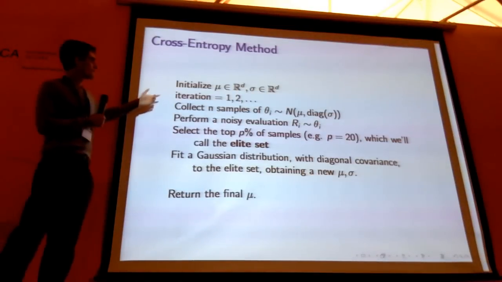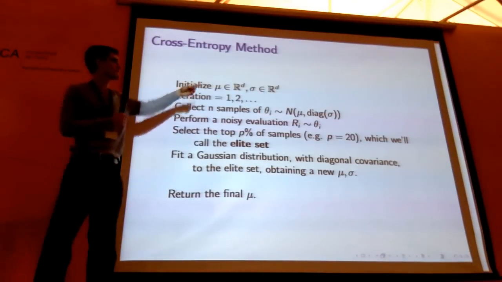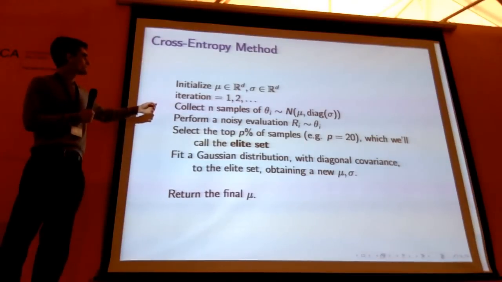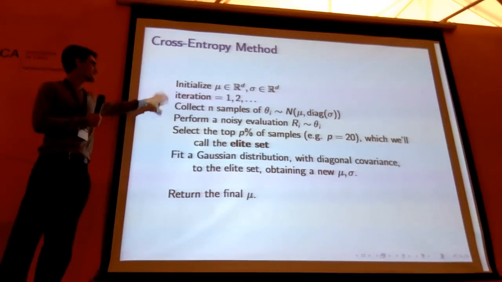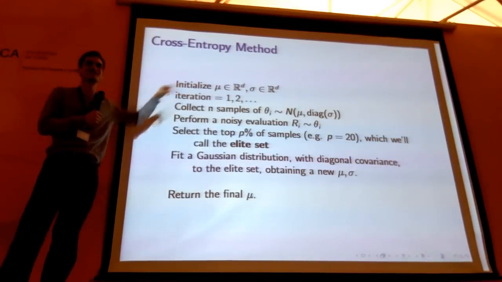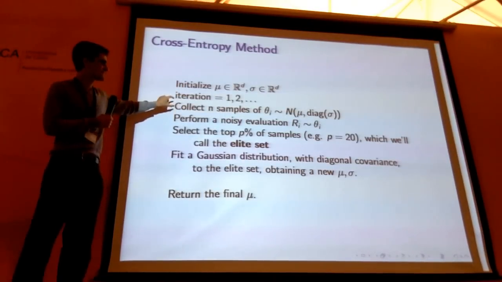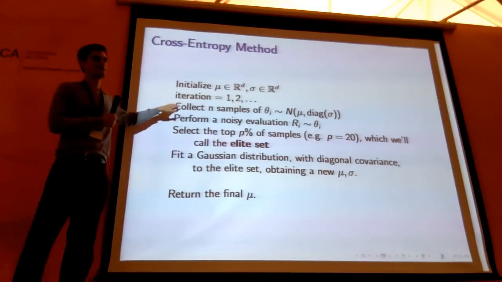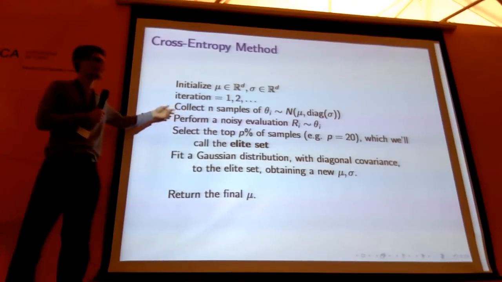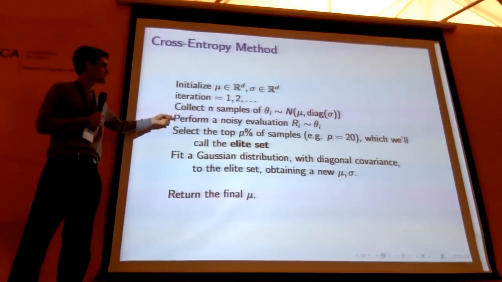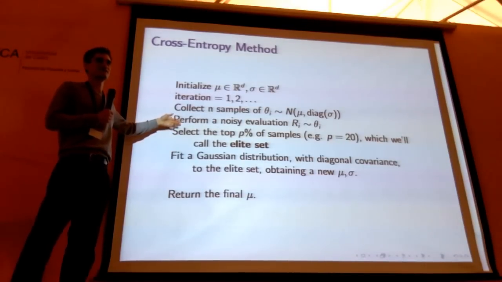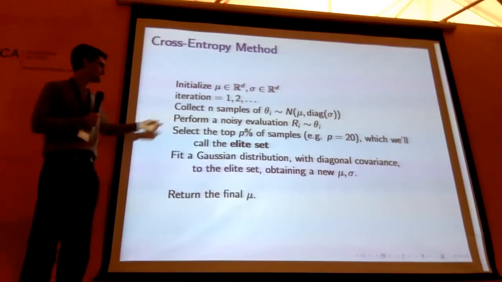So we start off with means and standard deviations. Sorry, it got cut off a little bit. There's supposed to be a for loop here; this should say for iteration equals 1 to N. First we collect a bunch of random parameter vectors sampled from this distribution. This is our population. Then for each parameter vector, we get a noisy performance evaluation of it, so each parameter vector gives us a reward.